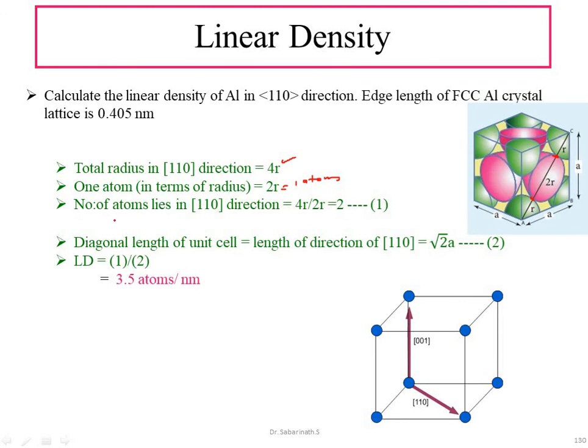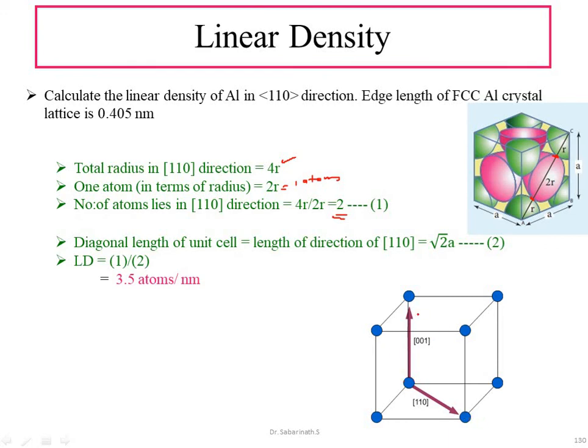So the number of atoms lying in the 110 direction, that is 4r in terms of length, in terms of atoms will be 4r by 2r, which is 2 atoms. 2 atoms are lying from here to here.